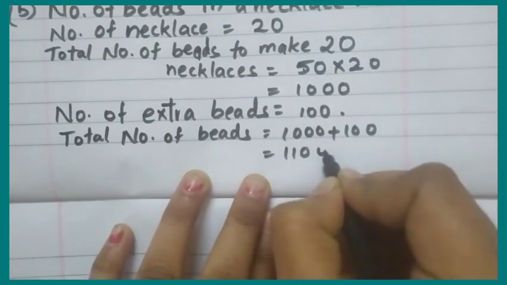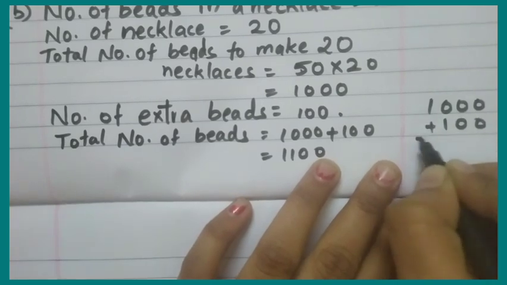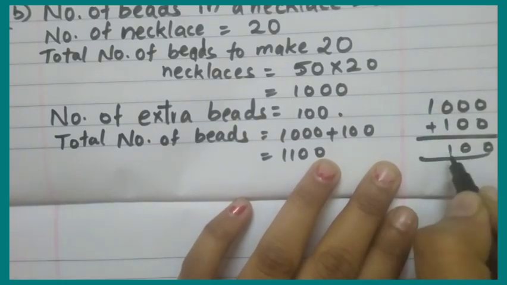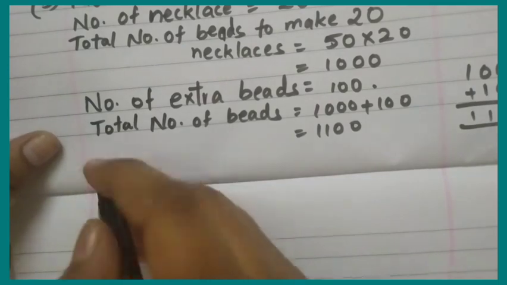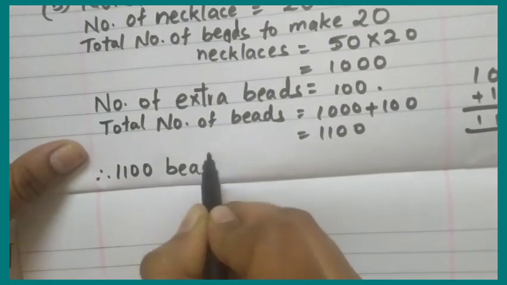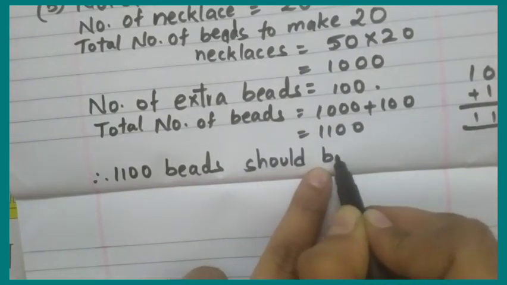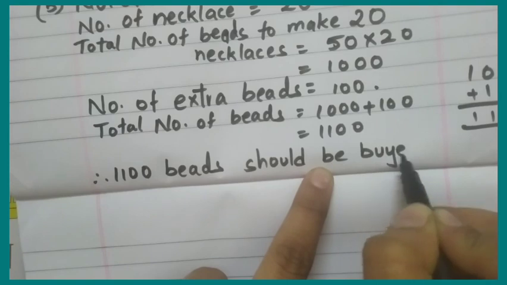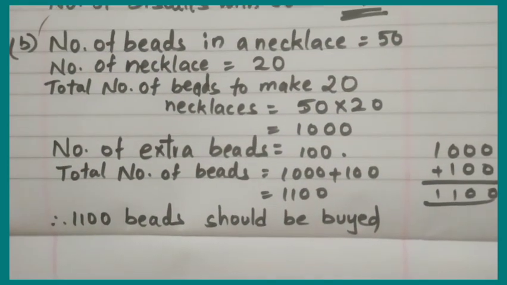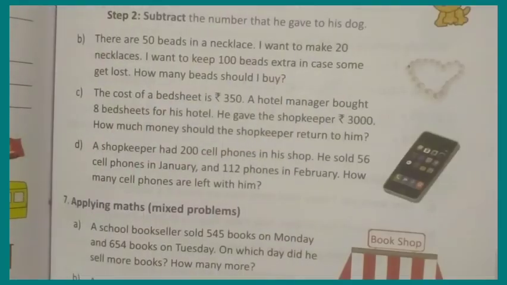Therefore 1100. 0 0 1 1. Okay. Therefore 1100 beads should be bought. Okay. This is B answer. Now look at C question.